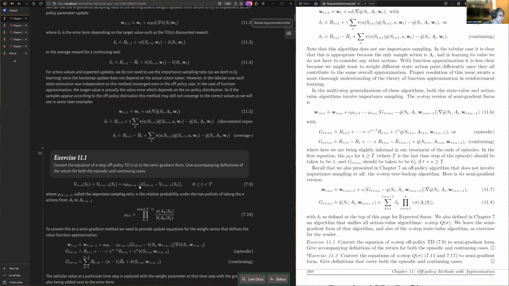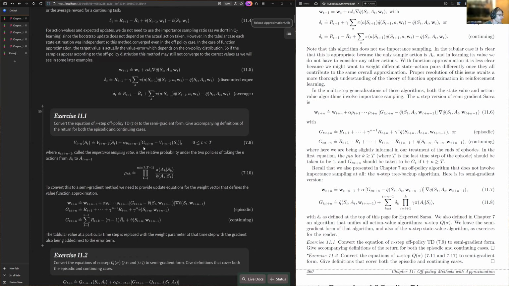And then, in order to convert it into this semi-gradient method, everything's very similar, where we just have this product of the importance sampling ratios here. And then, this G target, right?